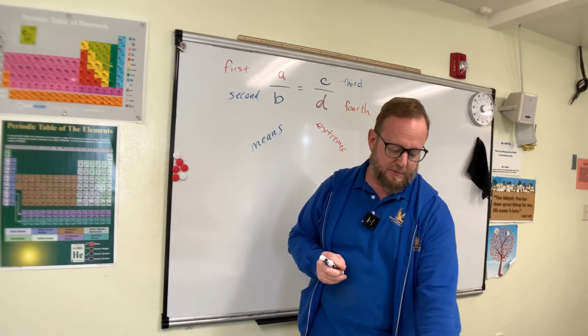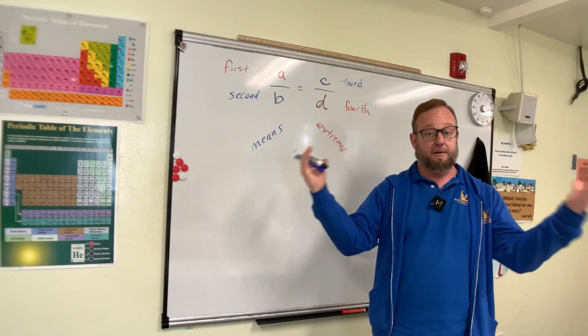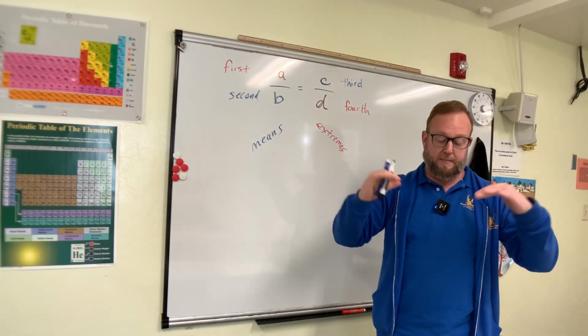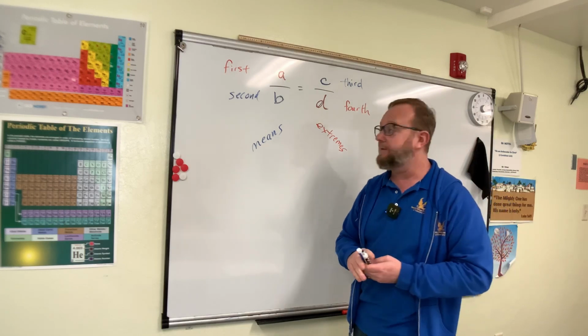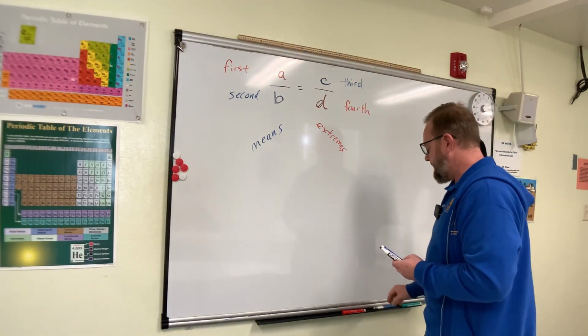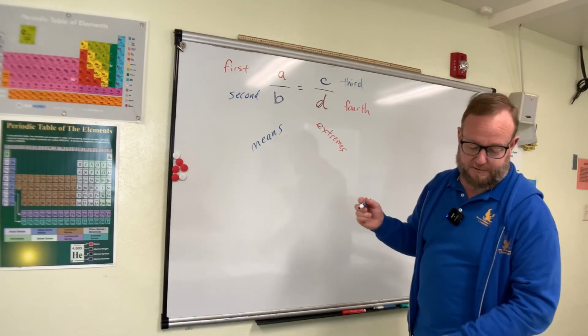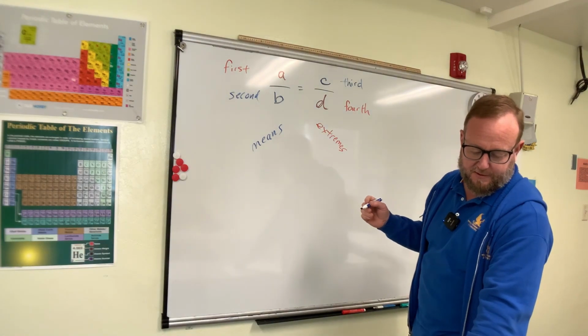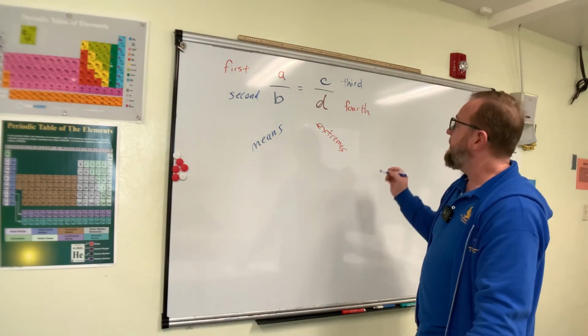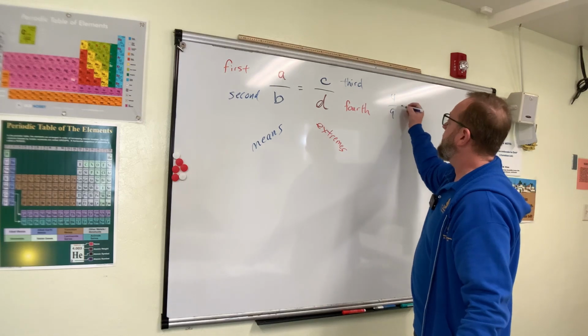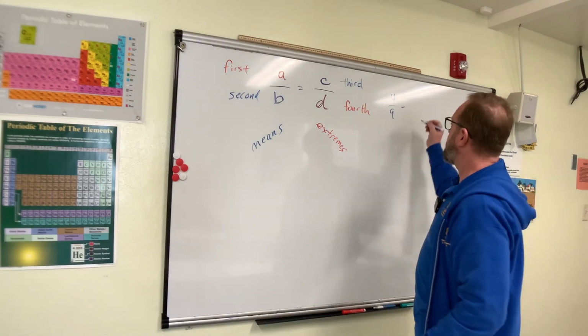In this case, the extremes appear on the outside and the means are on the inside. Let's just use their example so we have a solid thing to look at. So 4 over 9 equals 12 over 27.